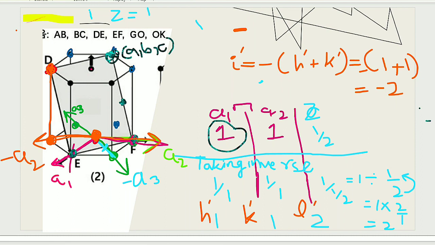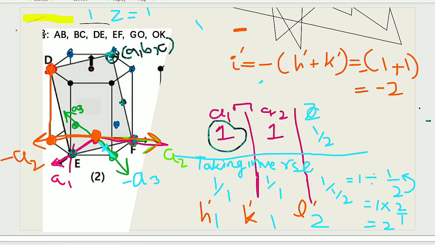If we talk about it, the intercept is actually the inverse of the index. Intercept and index are inverses of each other. For example, if you have an intercept, you take its inverse, you get the index. If you have the index, you take the inverse, you get its corresponding intercept.